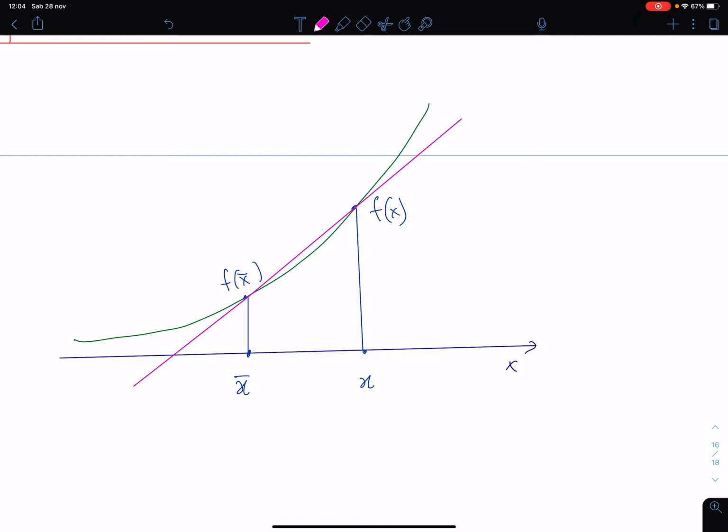Of course, there is an angular coefficient. The angular coefficient is the ratio of the increment of the y variable divided by the increment of the x value.